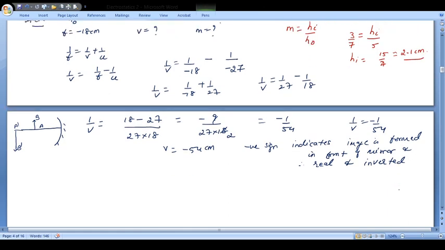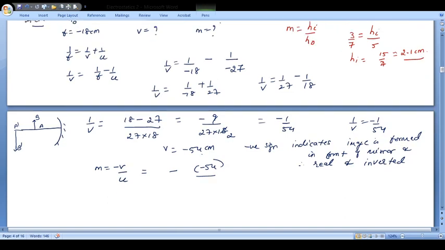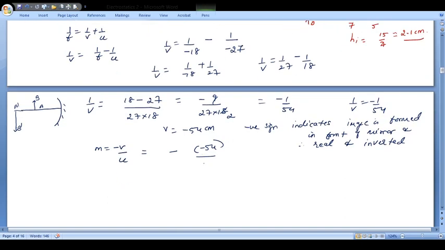Now let us try to see about magnification. So what is the magnification formula? Minus v upon u. So minus 54, and what is u? If you can see here, u is minus 27. So you will have minus 27. So this minus and minus will become plus. So this will be minus 54 upon 27. So you will find it 27 into 2.